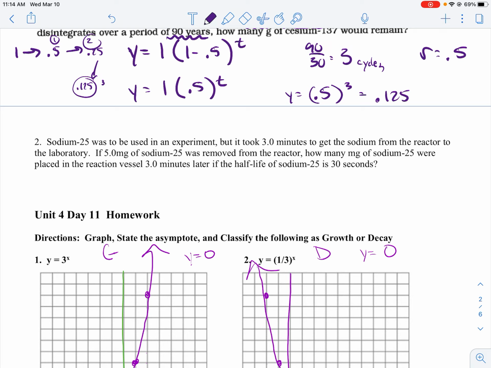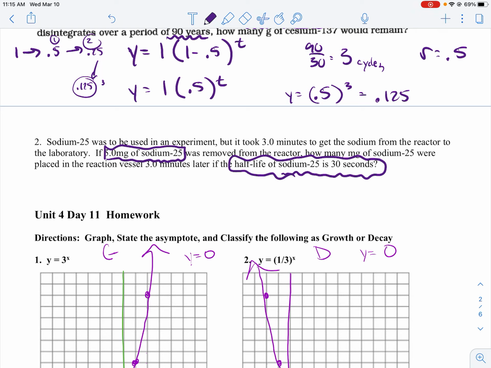He's starting with 5 milligrams of sodium-25, and it's going to take him 3 minutes to walk from the reactor to the laboratory. He wants to know how much of that sodium-25 is going to be left after walking 3 minutes, and we're losing half of our substance every 30 seconds.